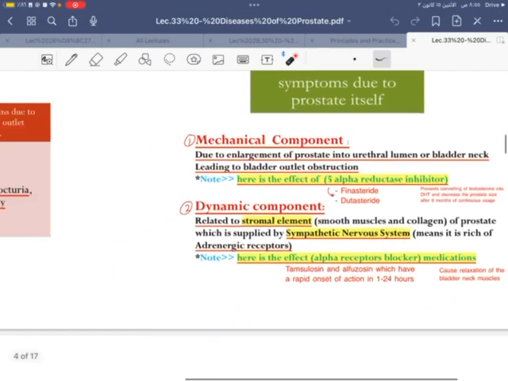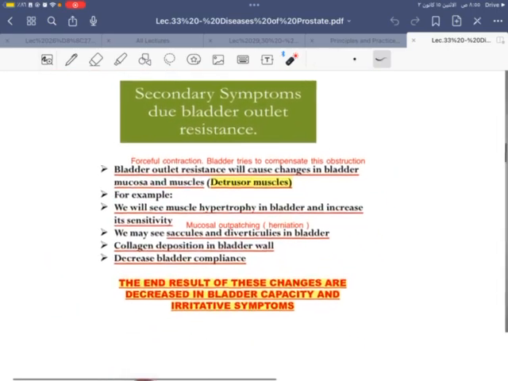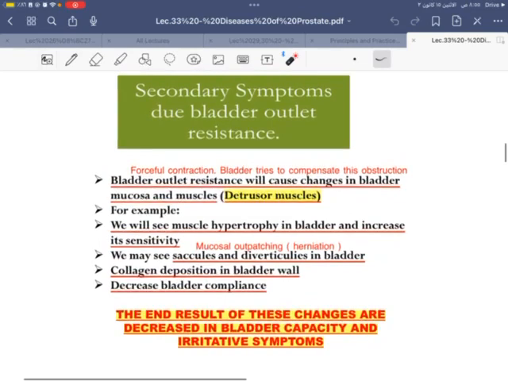Secondary symptoms are due to bladder obstruction, or increased bladder resistance. Once the bladder resistance is increased, this causes changes in the bladder mucosa and muscle, the detrusor muscle. The muscle of the bladder is the detrusor muscle. For example, we see detrusor hypertrophy, increased sensitivity, hypersensitive detrusor muscle, cellules, saccules, diverticula, increased collagen deposition in the bladder wall, and decreased bladder compliance.